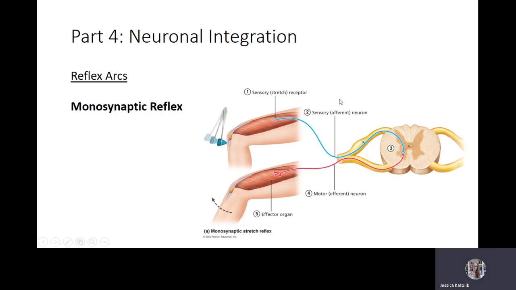So let's look at a monosynaptic reflex. I first want to direct your attention over here to the spinal cord, and I want you to notice that the sensory neuron will synapse directly with the motor neuron, and it will lack the interneuron completely. So they'll just communicate directly with each other.